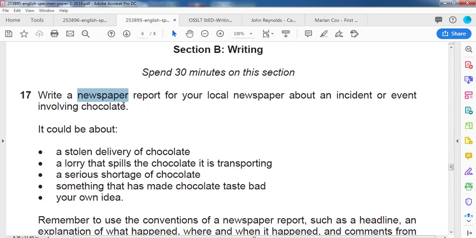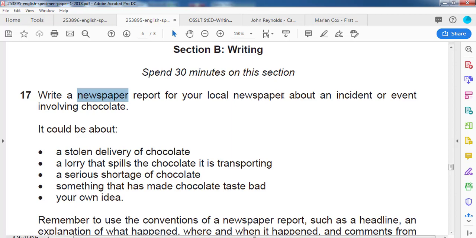It has some special features which differentiate this type of report, the newspaper report, from any other type of report.